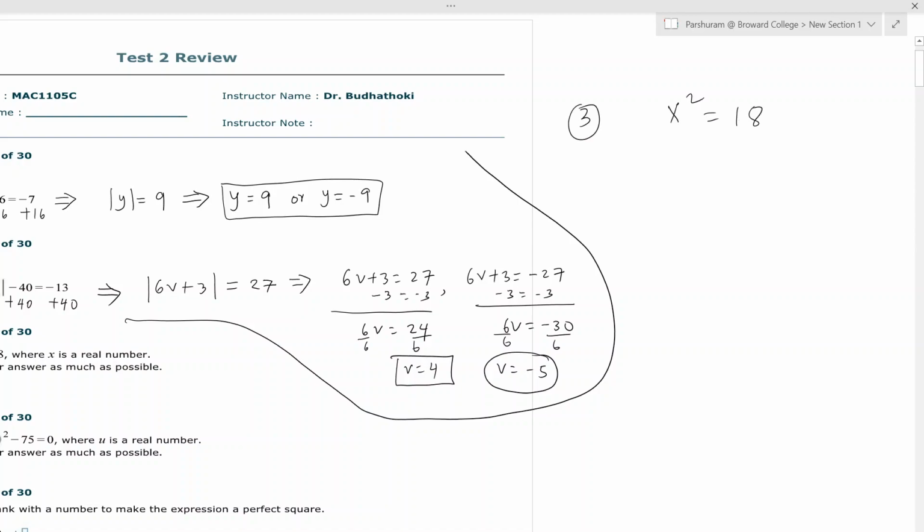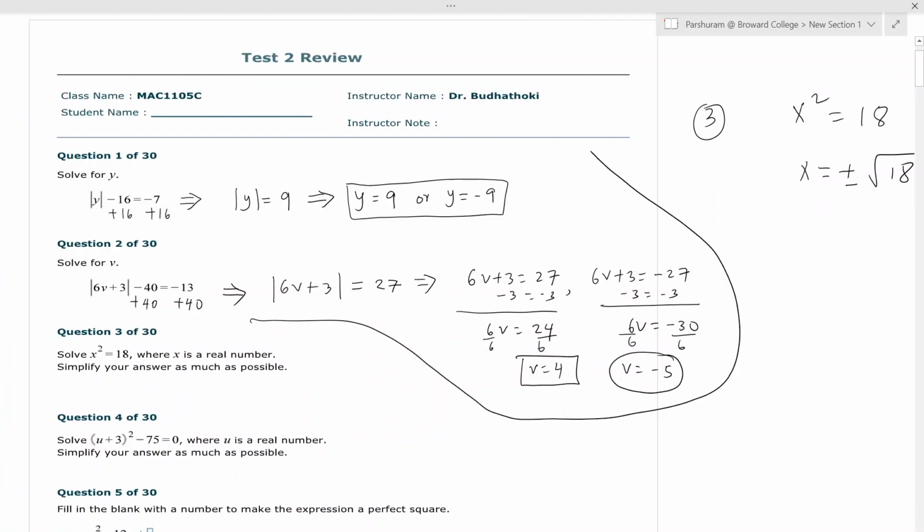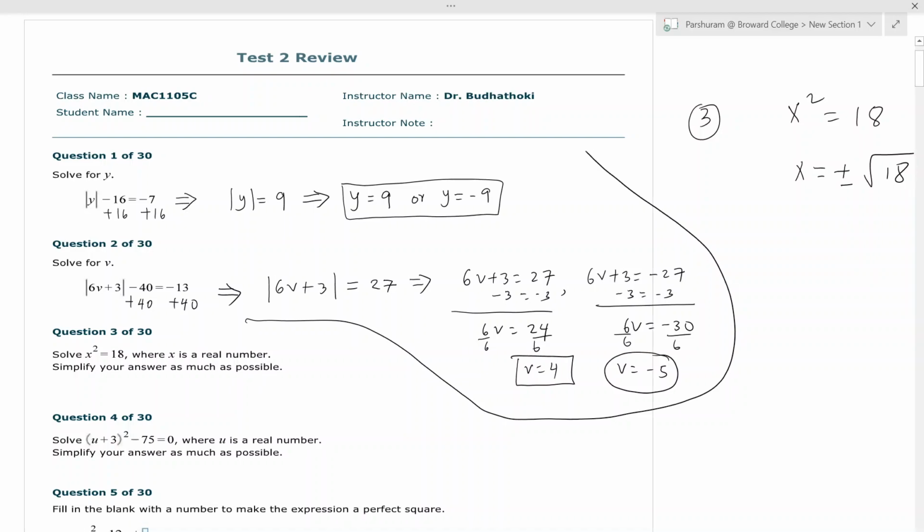This is a quadratic equation. To solve this kind of equation, we can directly use the square root property, and that gives us x equals positive and negative square root of 18. Make sure you simplify this, because the problem says simplify your answer as much as possible.